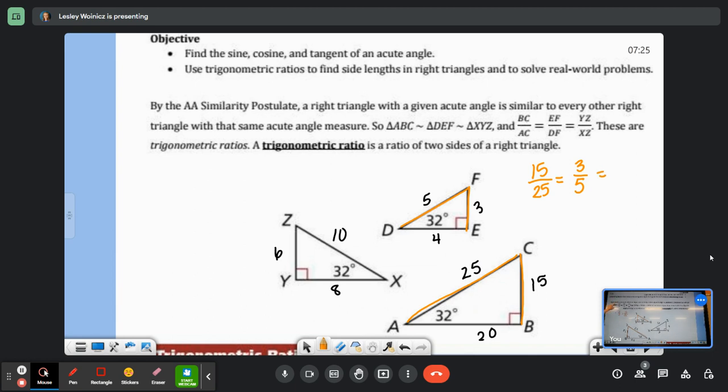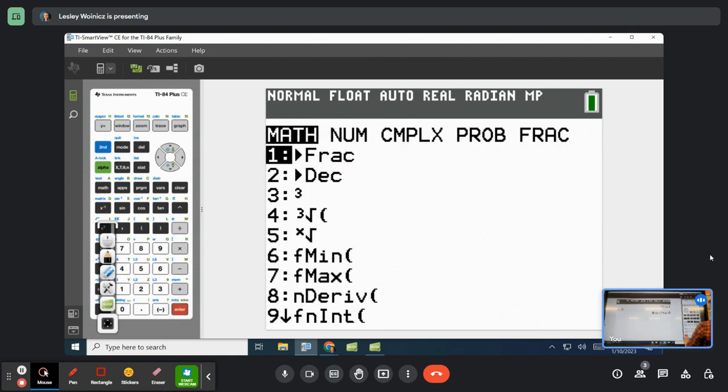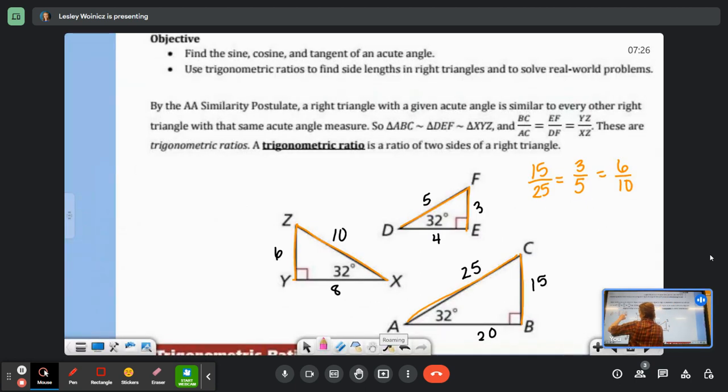And what is it saying? YZ over XZ. That would be 6 over 10. Now, if I put 15 divided by 25 in my calculator, and then reduce that fraction, I get 3/5.